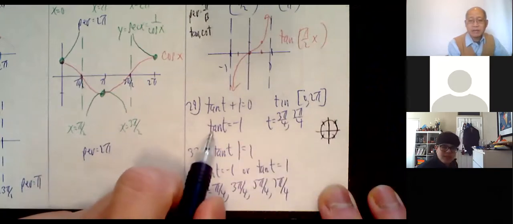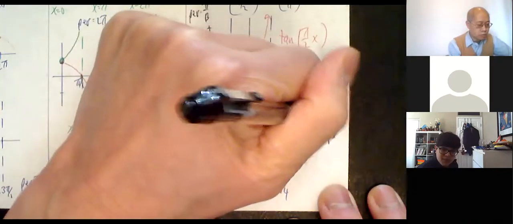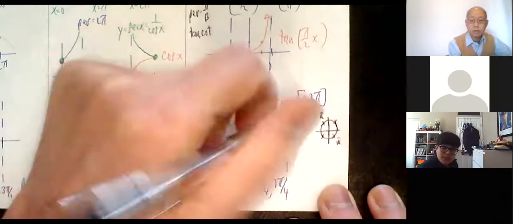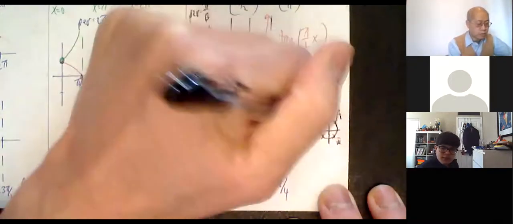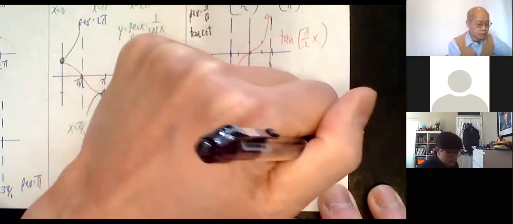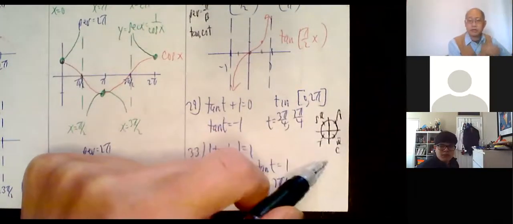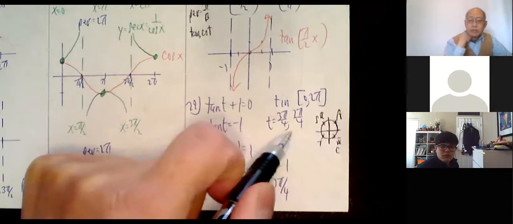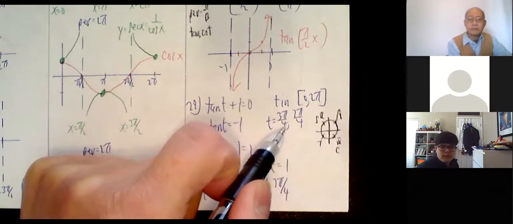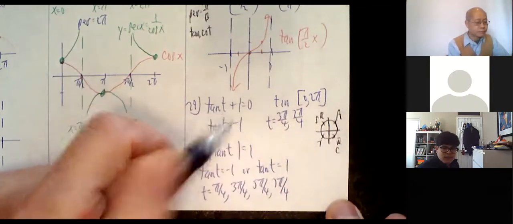I want the tangent to be negative. The tangent is negative in quadrants 2 and 4, right? Or again, all students take calculus. So where is tangent negative? Quadrants 2 and 4. So what are these two angles? 3 pi over 4, 7 pi over 4.